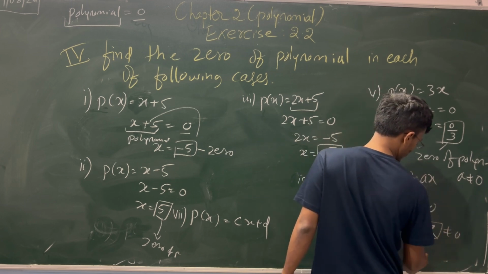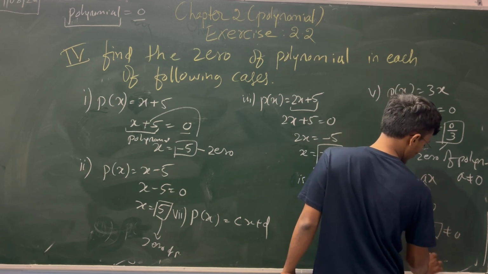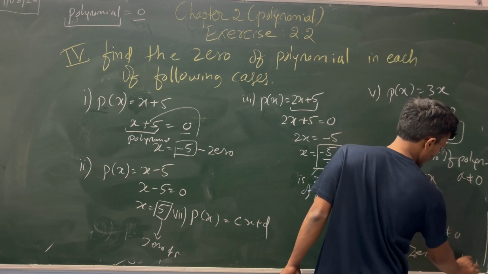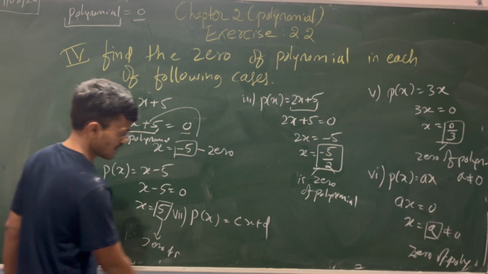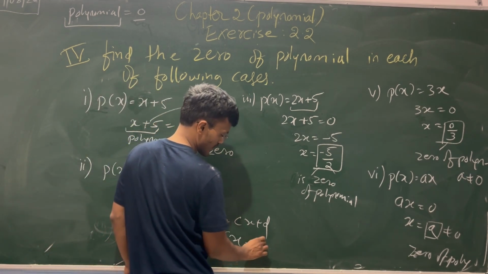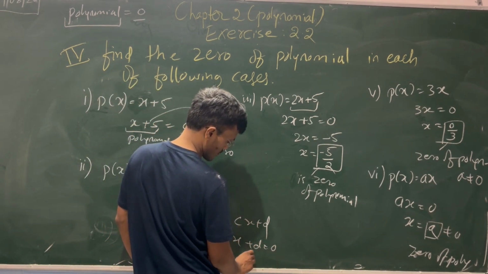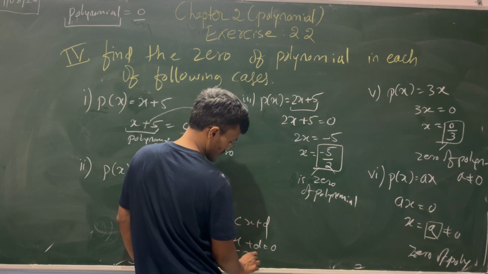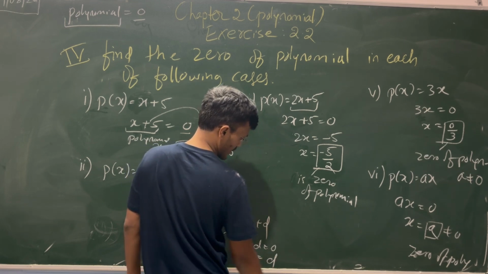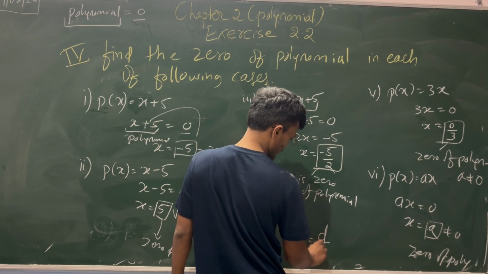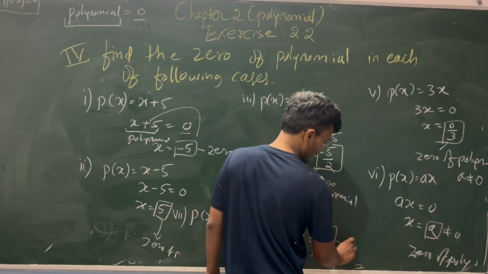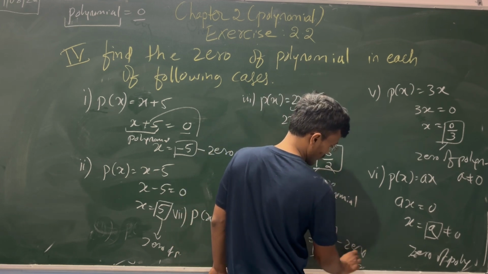So now it is a zero of the polynomial. So the last question is cx plus d equal to 0. So cx is equal to minus d and x is equal to minus d by c. Minus d by c is the zero of the polynomial.